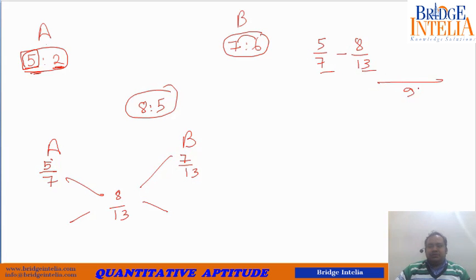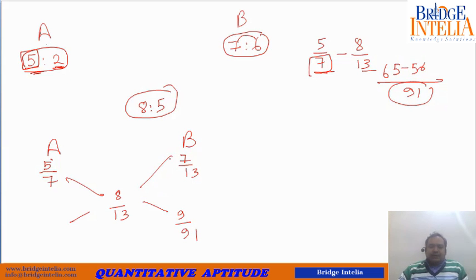So you can see same amount of effort, same amount of calculation has to be done in some other way. So it's very similar to the ratio method. The number of steps are actually more. So 13 sevens are 91, 13 fives are 65, 8 sevens are 56. So this is 9/91.